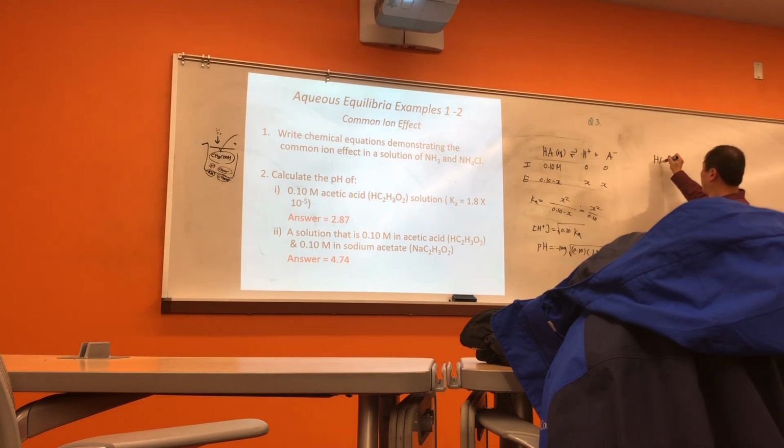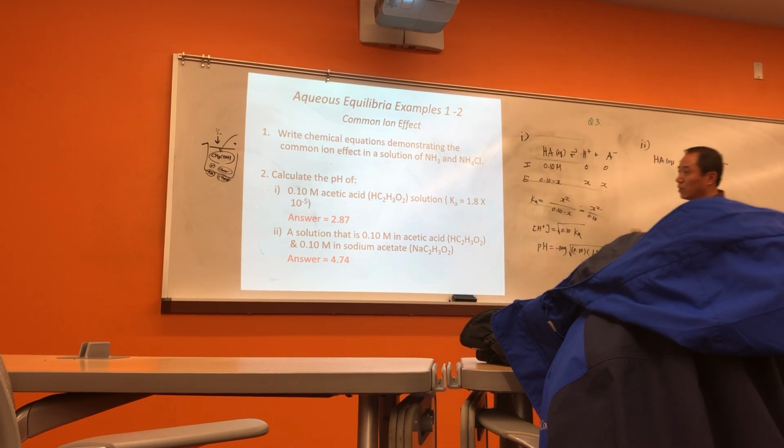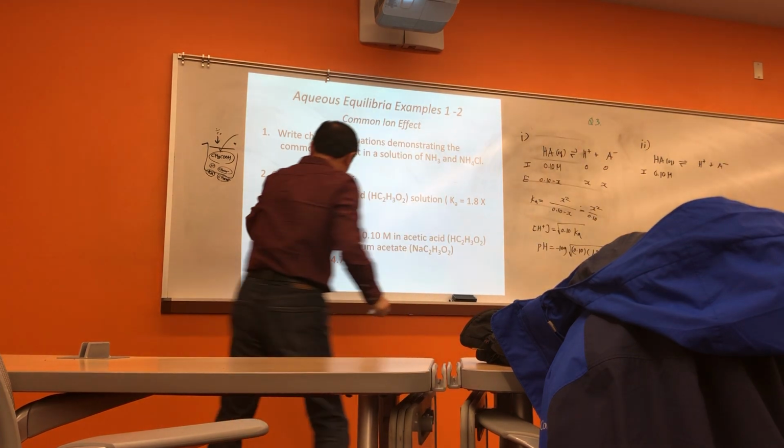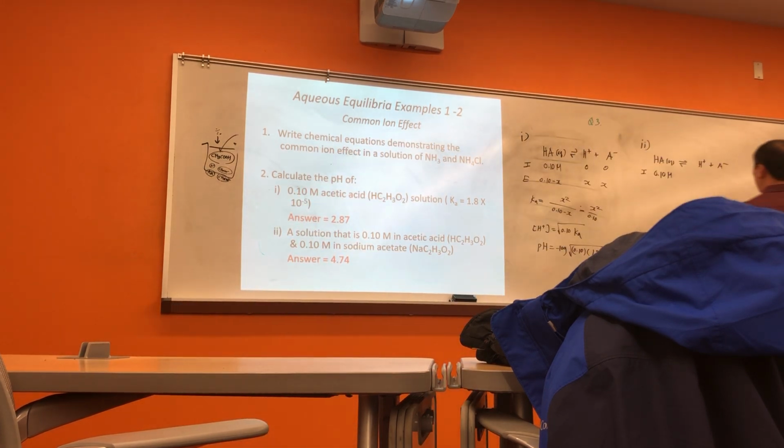Now you have a common ion, so that was case 1. If you have a common ion, the setup is a little bit different. Initially we have 0.10, so the same situation. At the same time we have a 0.10 molar concentration of sodium acetate, which means we have this on that side, so 0.10.